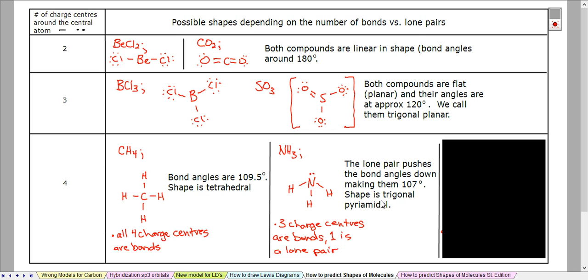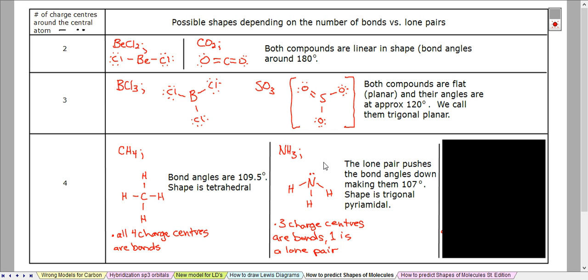And what this means is that we've got a pyramidal shape because we've only got 3 bonds for the charge centers and 1 lone pair. It's a trigonal pyramidal shape, meaning we've got like triangles. Alright, 1, 2, 3. And these 3 make a pyramid. The lone pair doesn't show up. We can't see it.